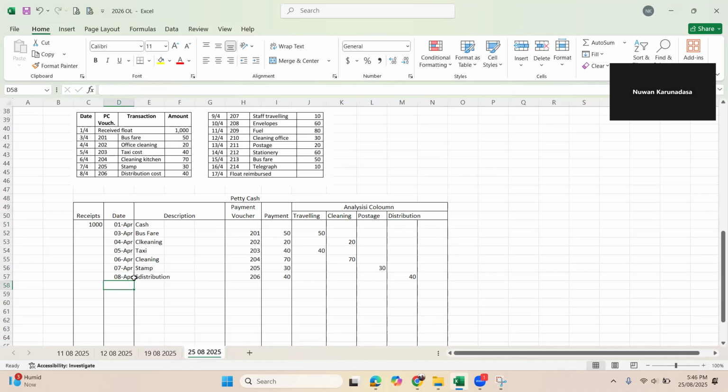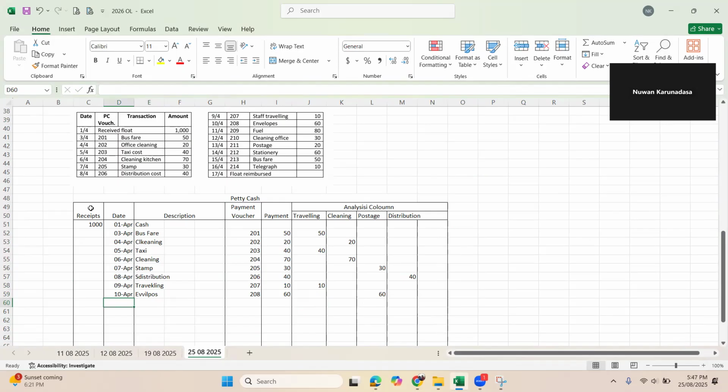Then 8th April done. 9th of April is for staff traveling, 207, value is 10 rupees. Here under traveling we will take 10. Then 10th of April, envelopes, 208, value is 60 rupees. Under postage we will take 60.